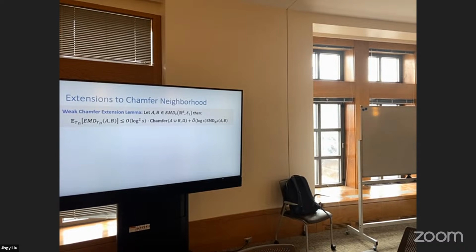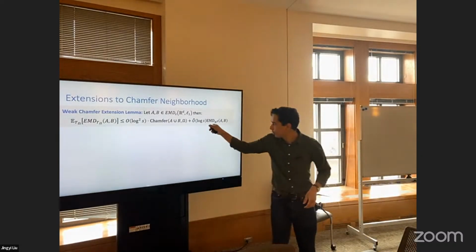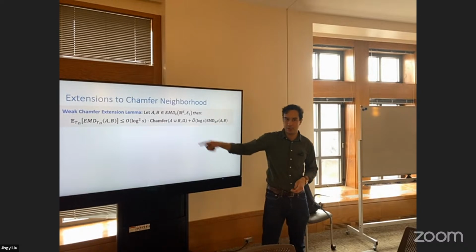That's my goal, plus an additional error term, which is log squared s times the chamfer distance from A and B to omega. You can think of that as the cost of moving A and B to the set omega. And this should be subscripted here with R^d. So this is the chamfer distance in the original space.